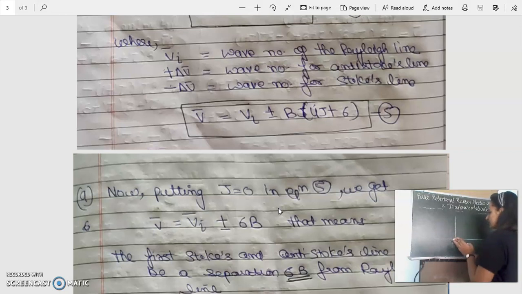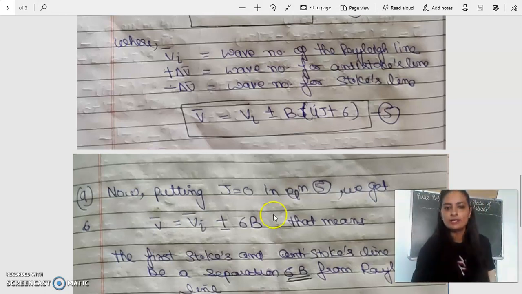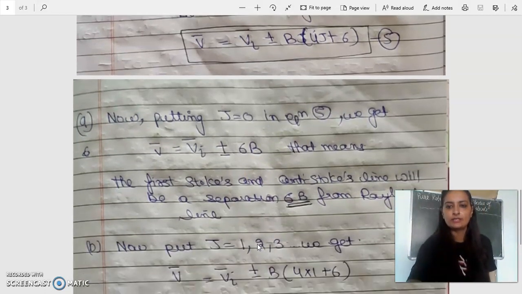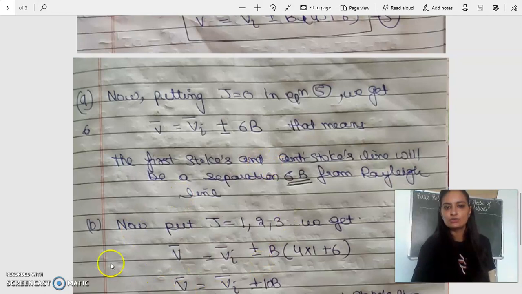All the distances of your Stokes and anti-Stokes lines I'm going to take from here. The first line will come out at 6B distance. The first separation, whether it is the Stokes line from the Rayleigh line or the anti-Stokes line from the Rayleigh line, will be 6B.